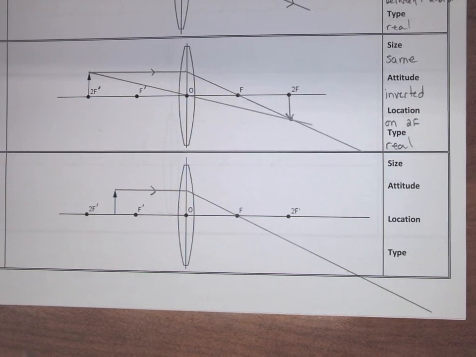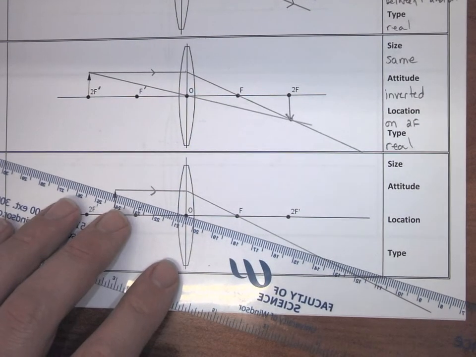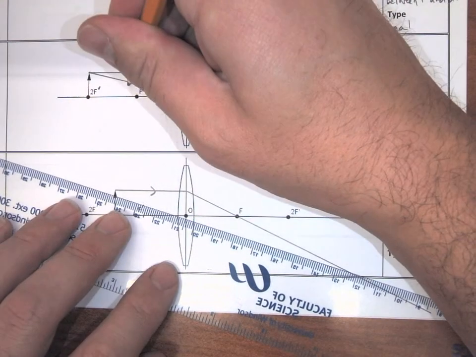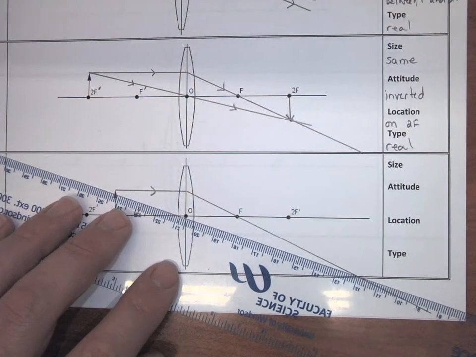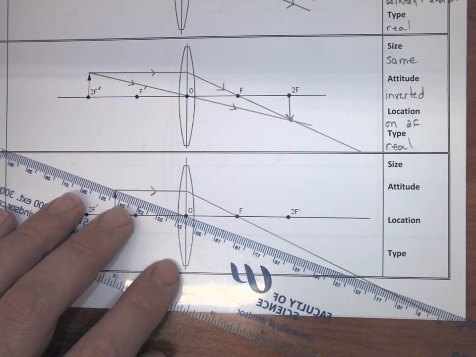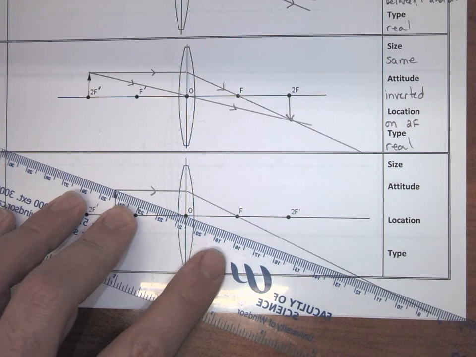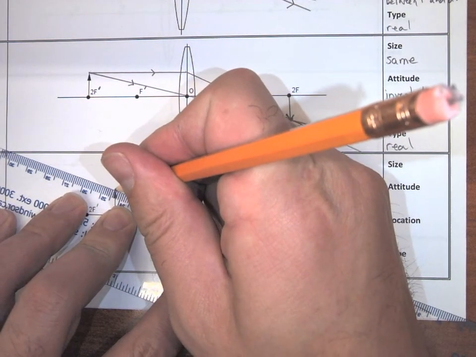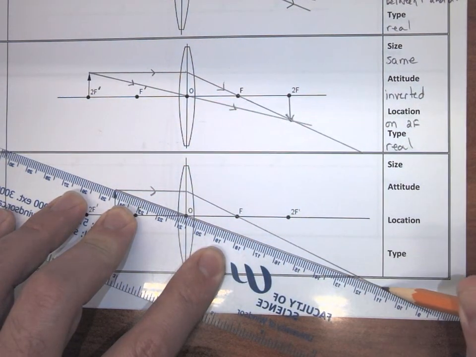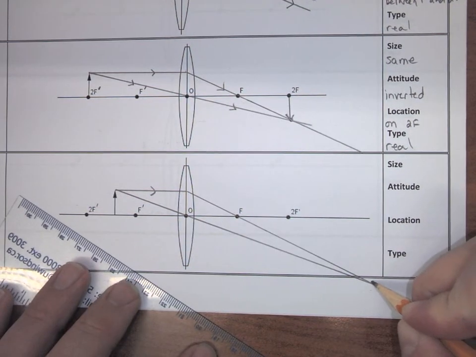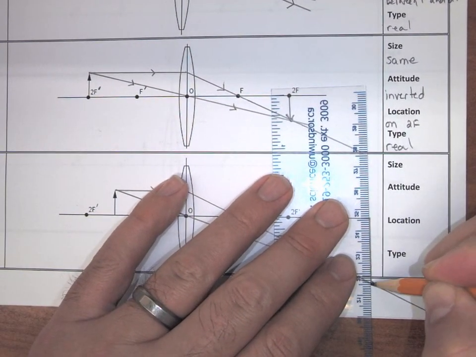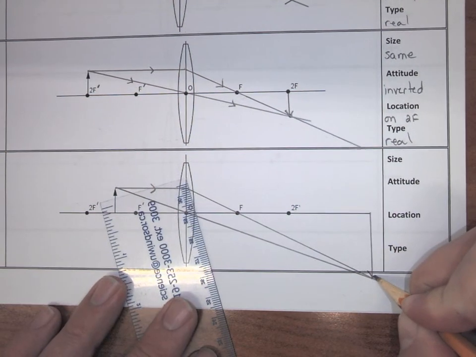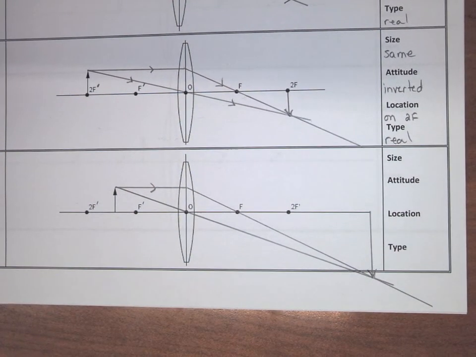Our second ray will simply go through the optical center, and where these rays converge is the location of our image.